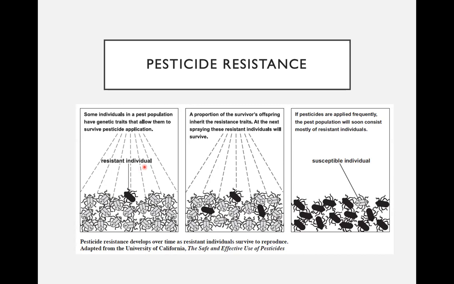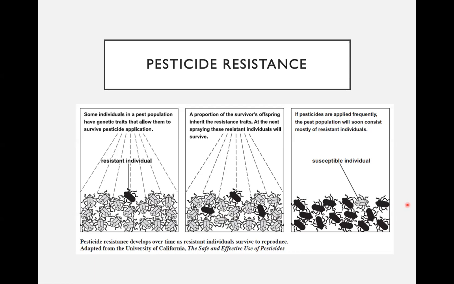Resistance is going to develop because the application of the pesticide is going to kill all the insects that are susceptible to it. So all these lighter colored stink bugs are susceptible. They're going to die. This little dark colored one is resistant. He can tolerate it. So he's going to go on, and that insect, that has the resistant gene, the genetic makeup, is going to become the genetic basis for the next generation, for the offspring.